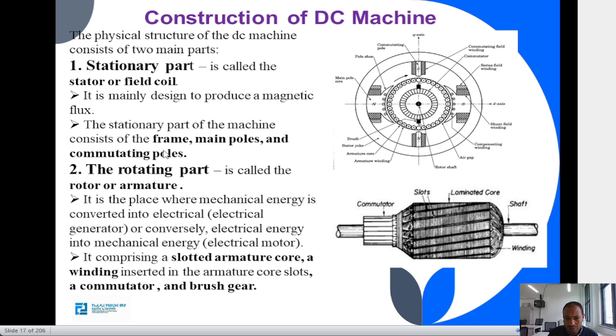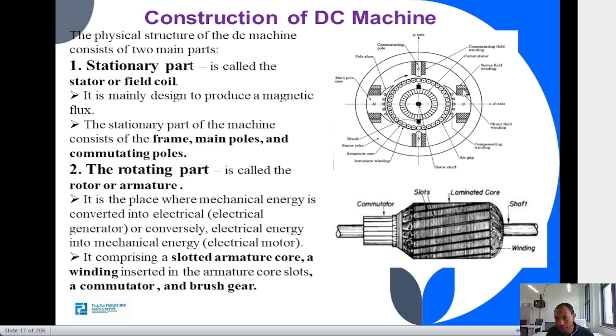It contains the frame, the outer part, and the main poles, north and south. There may be 2, 4, or more based on the rating of the machine. We call this the main pole, and it has windings also, called the field winding.